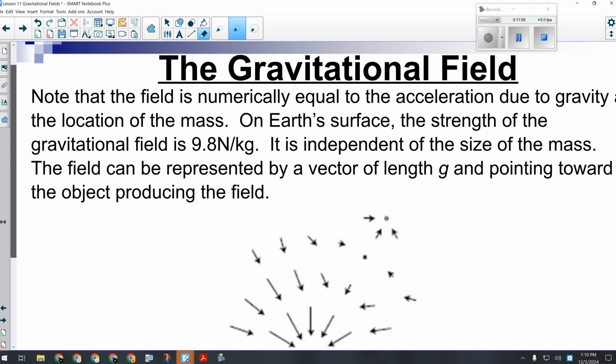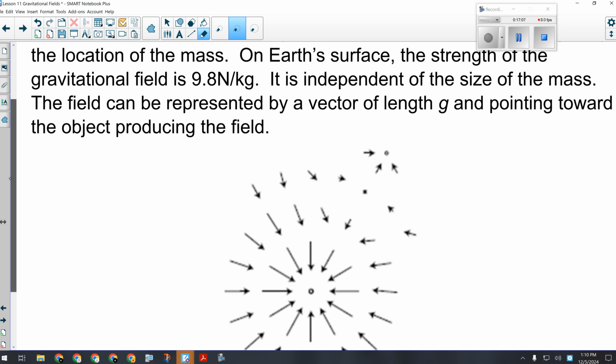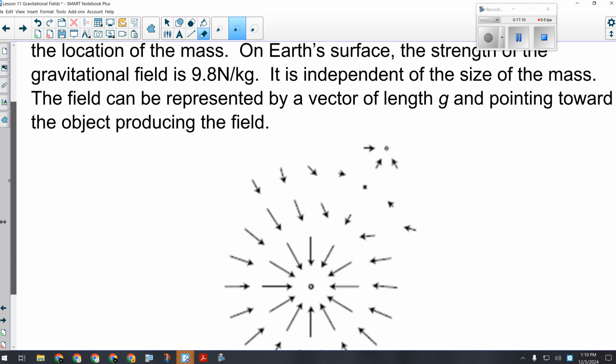All right, so we were saying Earth's gravitational field isn't as simple as Earth all by itself. The moon is also a part of this. So now we see that the Earth's gravitational field is somewhat skewed. Here's Earth. Here is the moon.